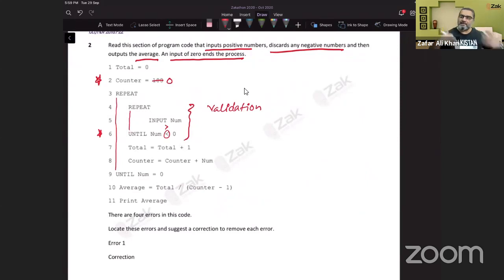Otherwise, it will keep asking for the number, because by virtue this question requires you to have only positive numbers. So this is a validation. All right. So this is basically limit check. So you have to have every number greater than 0. As soon as the number is greater than 0, you get out of the loop. If it is not, then you remain in the loop and it will keep asking you. That is validation.